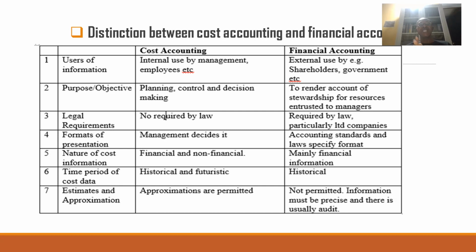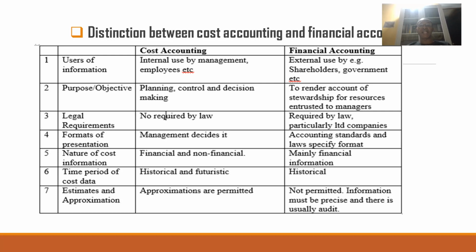Then let's look at the basic distinction between cost accounting and financial accounting in very clear terms. You have right here in my table about 7 areas of distinctions and differences. Number one is the users of information. Cost accounting is useful to management for internal use, while financial accounting is for external use: the shareholders, the government, and a host of stakeholders.